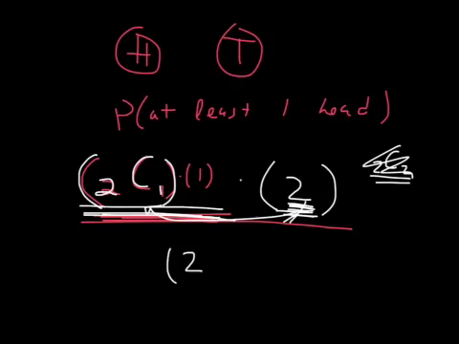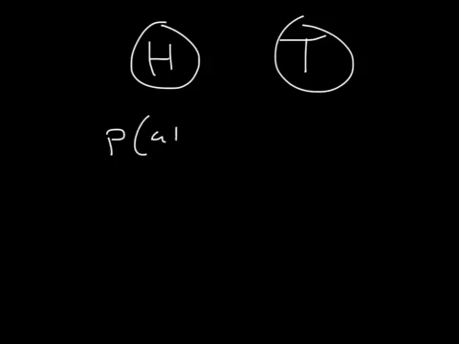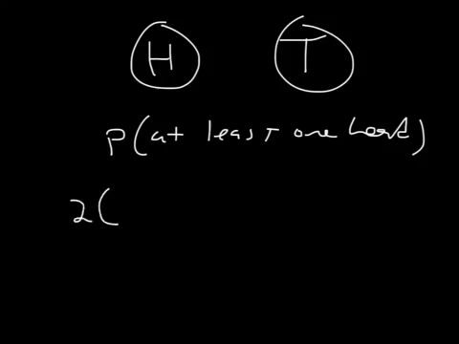So this method doesn't work. What we need to do is honor the fact that if I'm saying the probability of at least one head, when I'm saying there are 2 ways that I can choose one head, then the next one is a tail, and there's only one way I can get that tail.